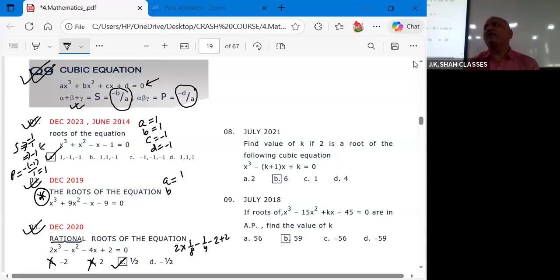So remember, whenever some number is a root of the equation, it means that number is fulfilling that equation. Okay, do not attempt the second one, just wait for the second one, okay?